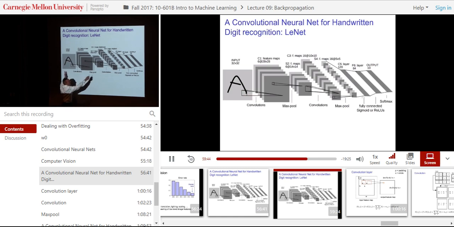So the overall architecture tends to go from a big pixel set to smaller and smaller summaries of those that are increasingly complex functions of the input.